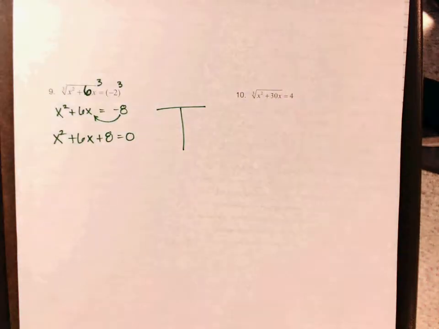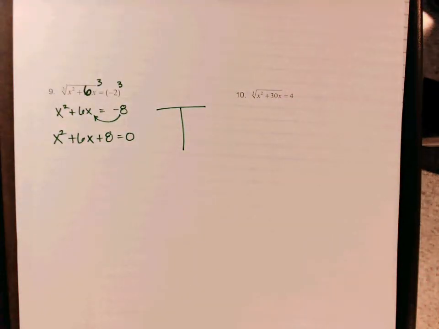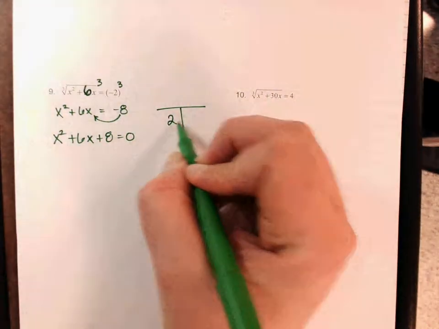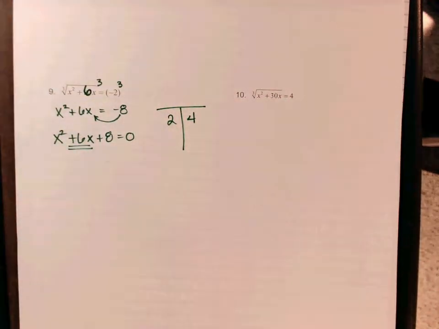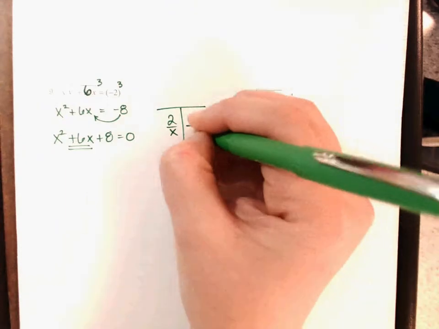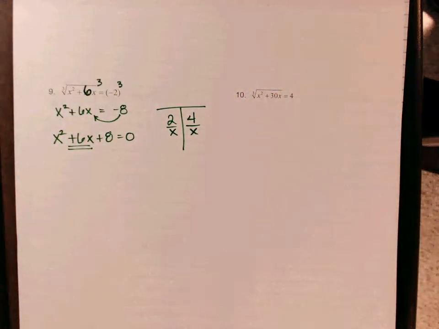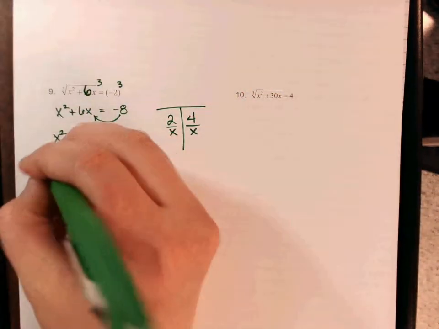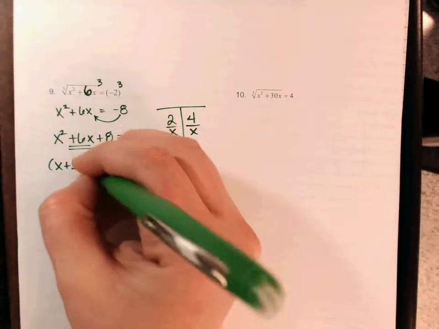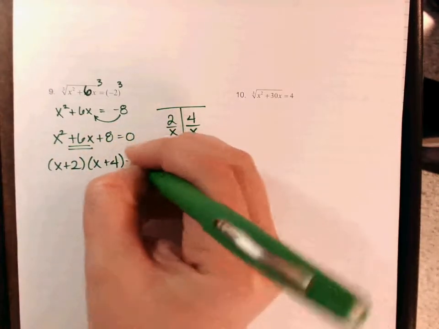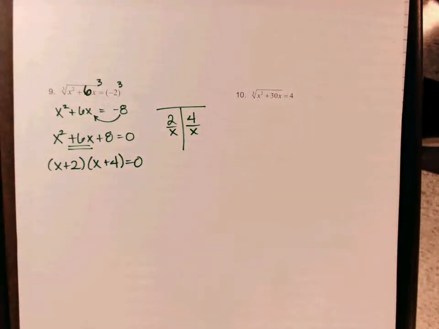So how can you get to 8? Okay, 2 times 4. And does that also add to 6? So then those are your numbers. Divide by x on both. So you have x plus 2 and then x plus 4. Good job, Keely. So then if your parentheses are positive, your answer will be negative.